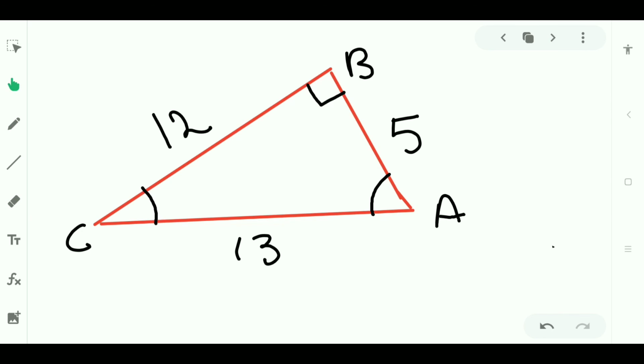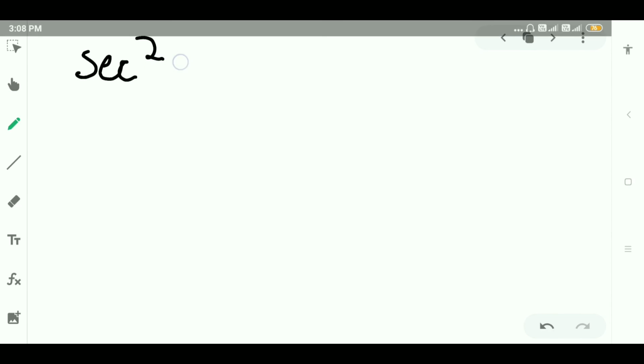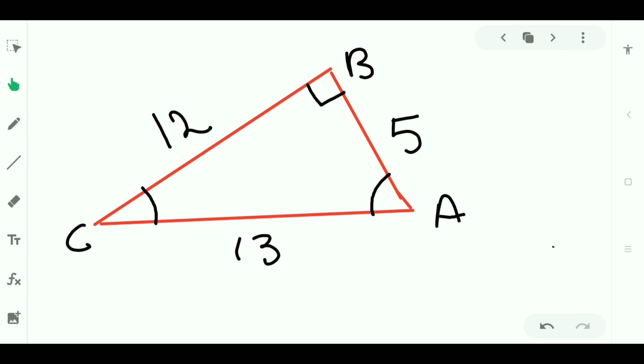And next, they asked us to find secant square A minus tan square A. Okay, this is a bit complicated. Secant square A, first secant A we will be finding. What is secant? It is actually the result of reversing cosine.